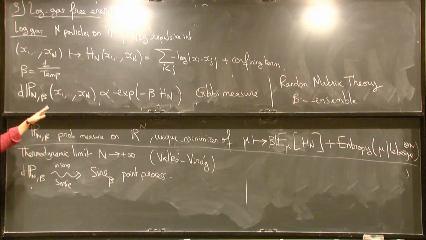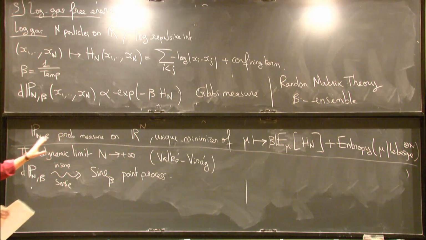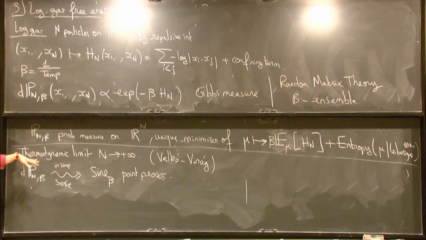For certain values of beta, there is some miracle, some connection with random matrices that makes it somehow easier. But the derivation of the limit for every value of beta is a difficult result. Is that for some particular confining term? No, actually, it's universal in the confining term. The proof is for a quadratic confinement, but in fact it doesn't matter.